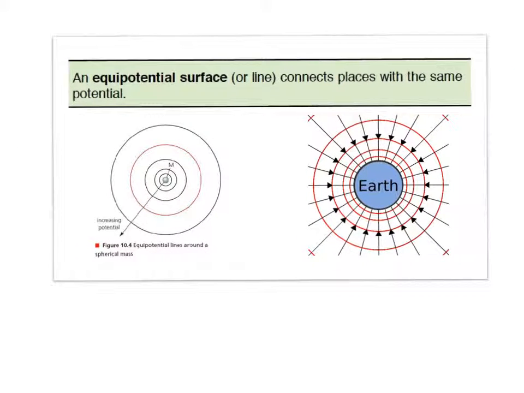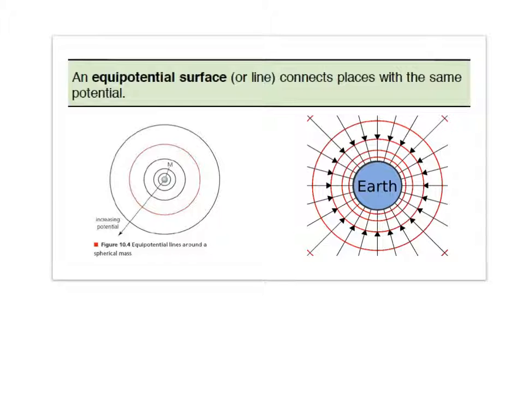Equipotentials are points in the field which have the same potential. And remember, potential is the potential energy that an object has per unit mass. So it's points along a field that would require the same amount of energy to get to.